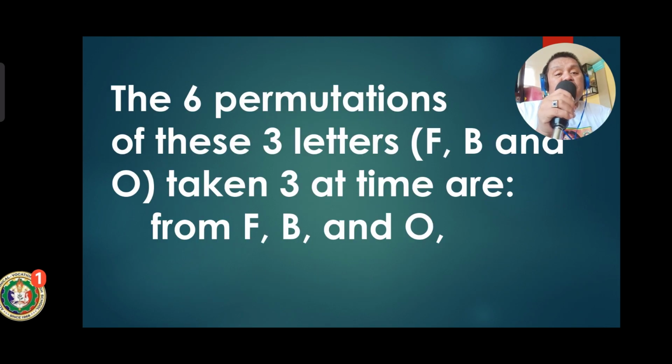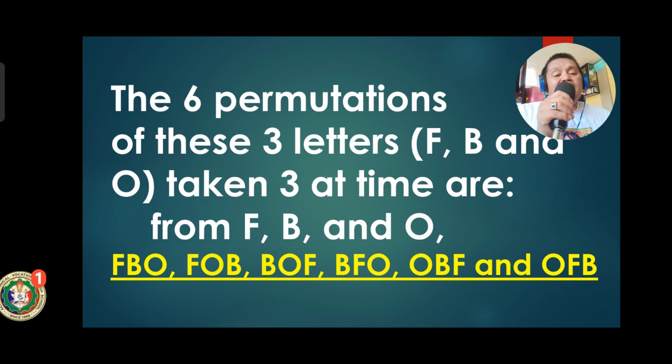The 6 permutations of these 3 letters, F, B, and O, taken 3 at a time are, from F, B, and O, we have the 3-letter arrangements: FBO, FOB, BOF, BFO, OBF, and OFB.